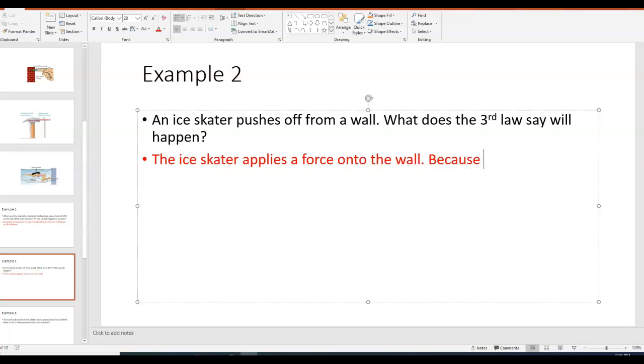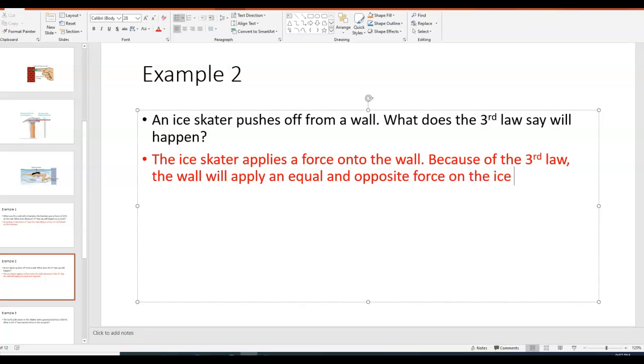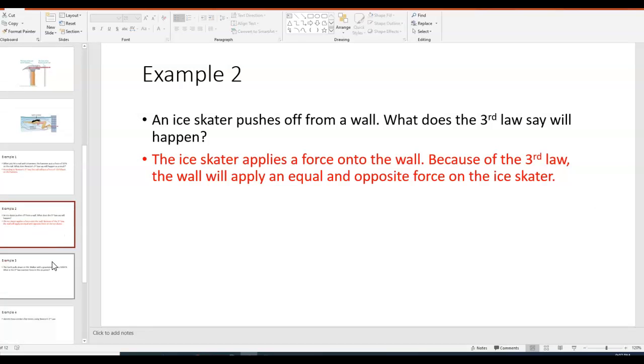Because of the third law, the wall will apply an equal and opposite force on the ice skater. There you go. Newton's third law: really simple problems, really simple to write, but really useful, like I said, because there are lots of applications that involve Newton's third law.